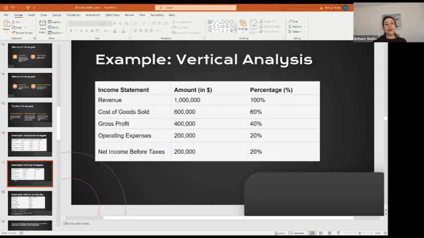While the vertical analysis is for us to see what the percentage of each position is in relation to the revenues. For example, we can say that the operating expenses represent 20% of the total revenues, or that the gross profit represents 40% of the total revenues.